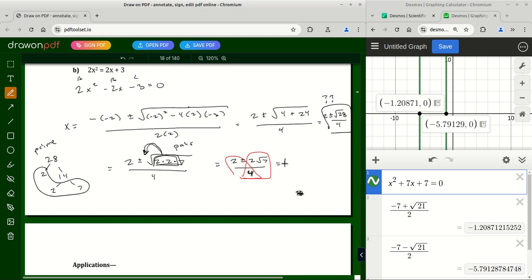So I got 1/2, and then a 1/2, and then the square root of 7. Now, that works, but surely we can do better than that.